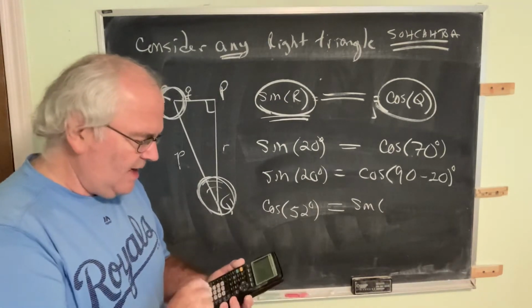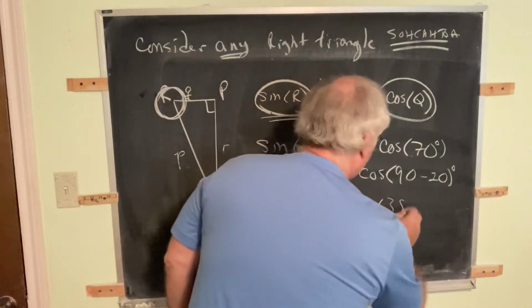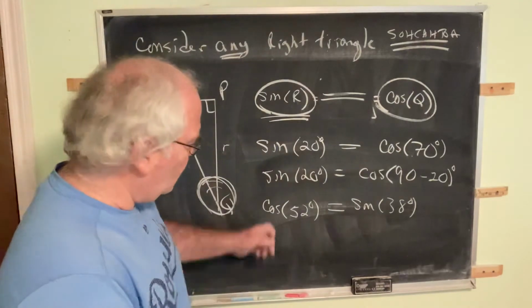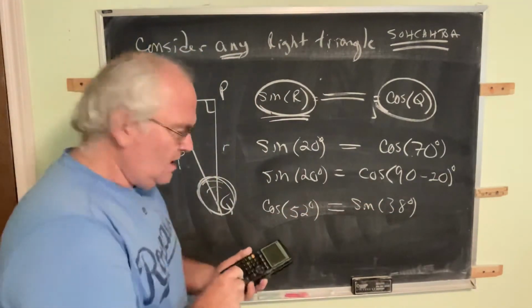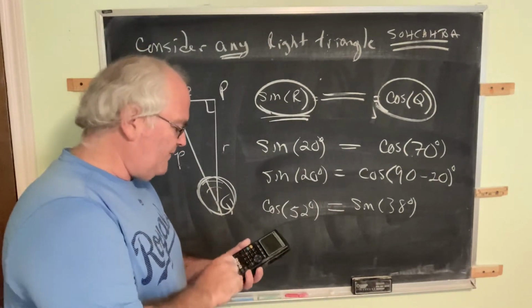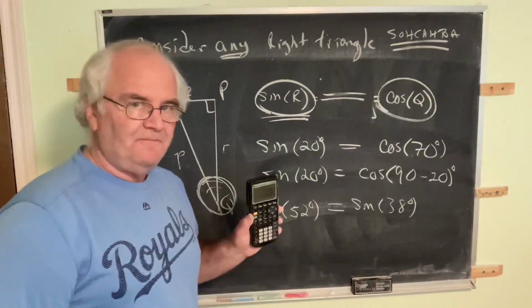And more importantly than what number it is, how do you find it? If I take 90 minus 52, I get 38 degrees. Those better equal each other because they are cofunctions of complements. Let's see if they equal each other. It better be, otherwise something's wrong somewhere. So if I do cosine of 52, I have 0.6156 blah, blah, blah.